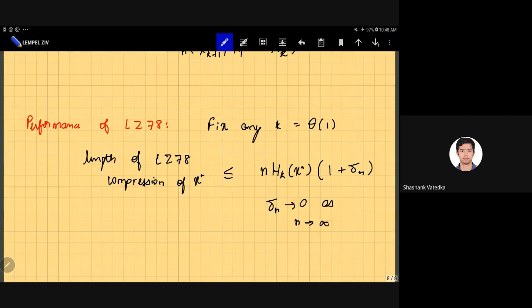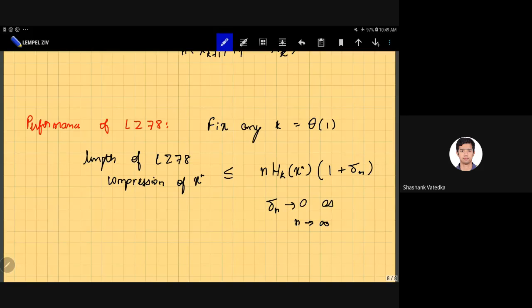This is a remarkable result. Irrespective of what the sequence xn is, as long as n is sufficiently large and k is some constant much less than n, the length of the LZ78 compression of xn is always going to be less than or equal to n times the kth order empirical conditional entropy of xn.